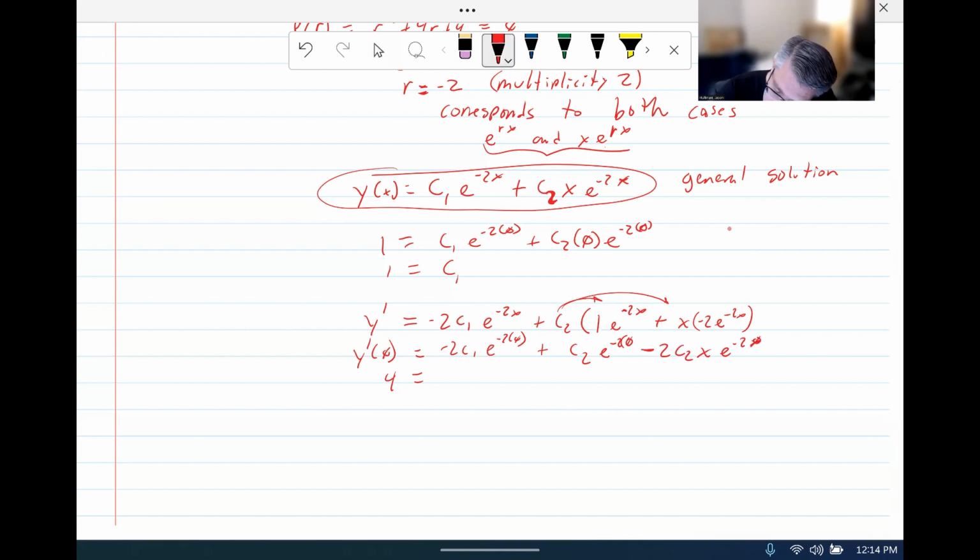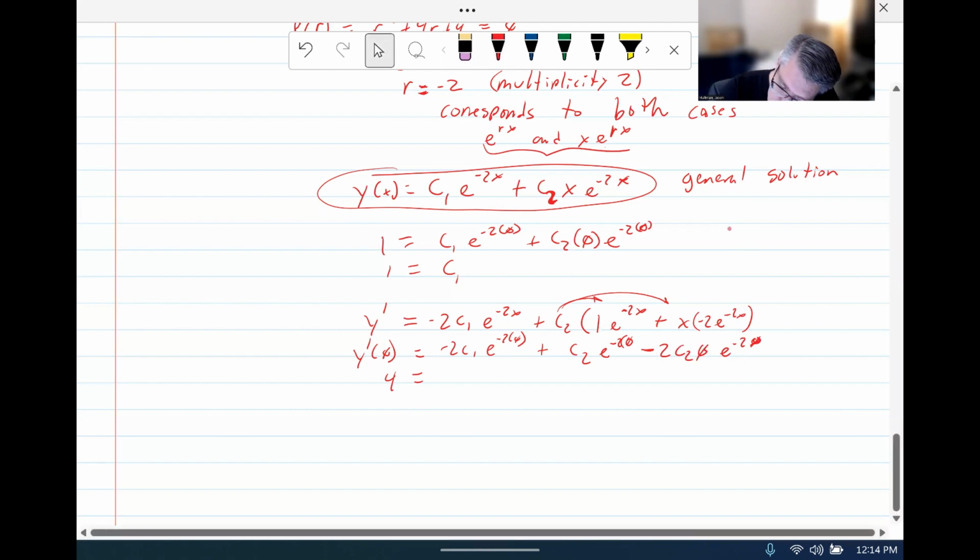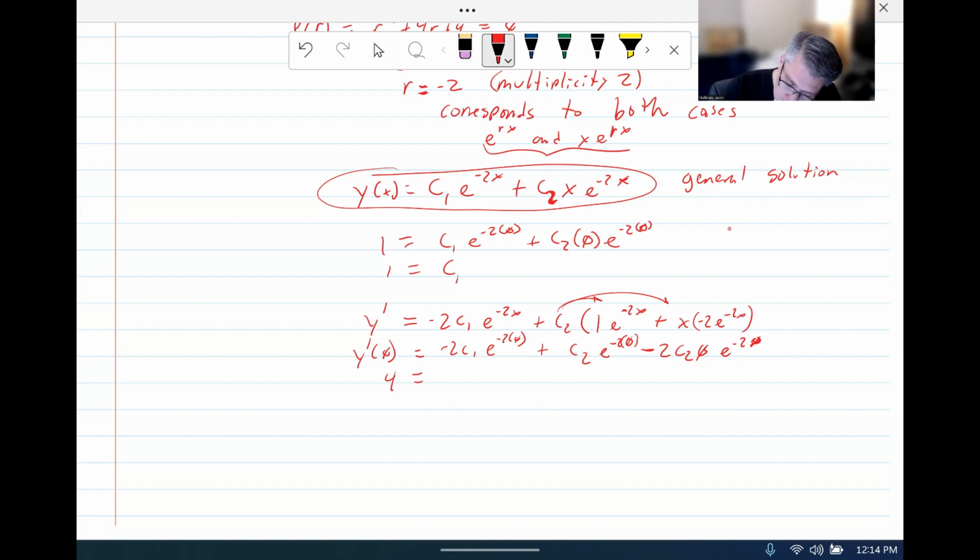Or sorry, e to the negative 2 times 0, and this x is a 0. Okay, so this becomes 4 equals negative 2c1 plus c2.